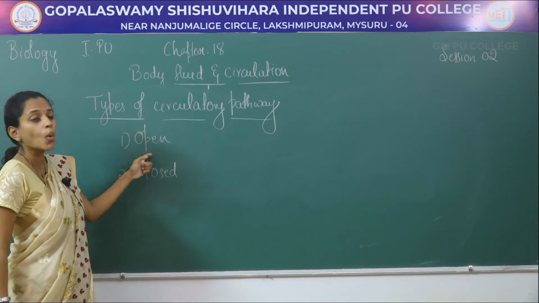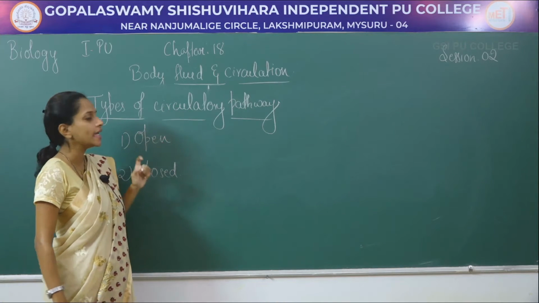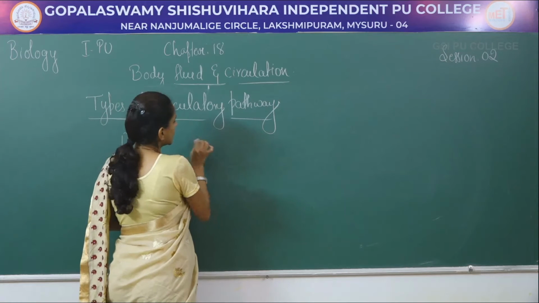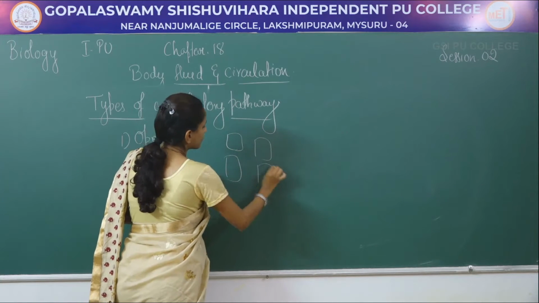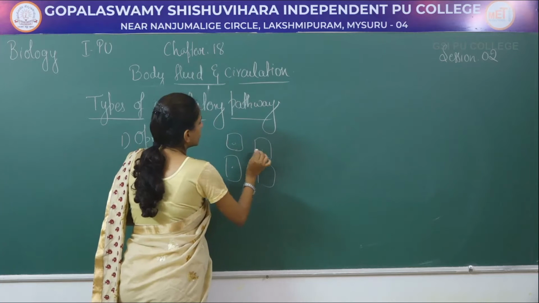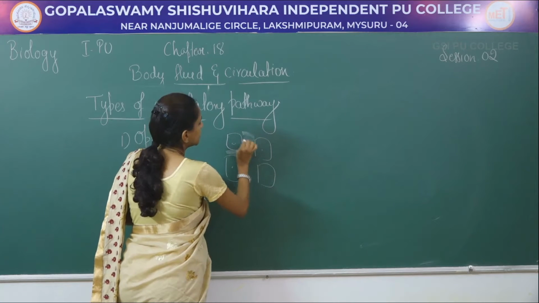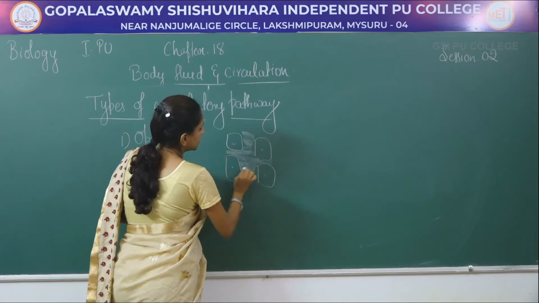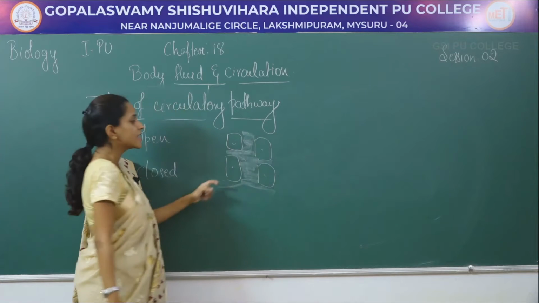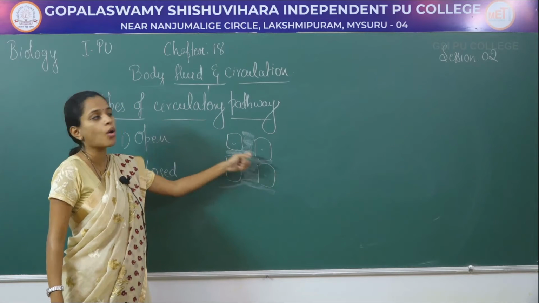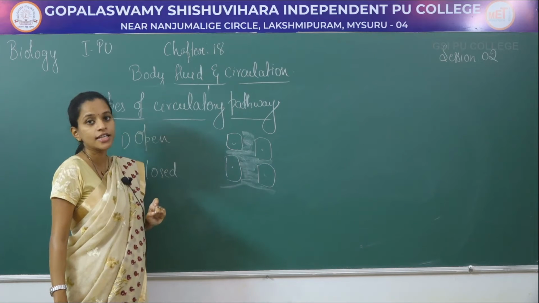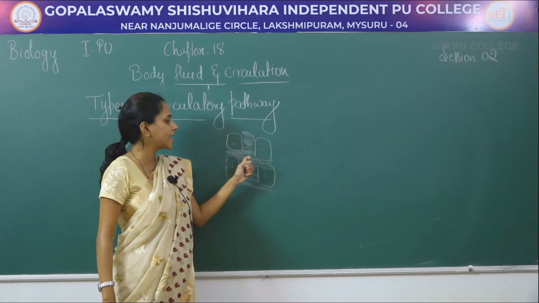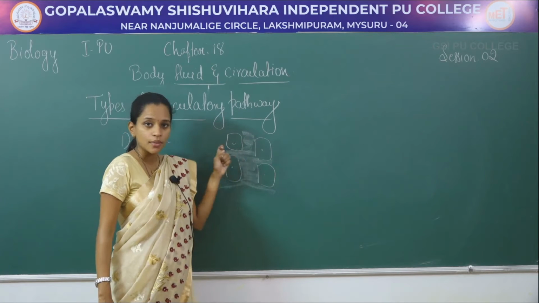When it comes to the open type of circulatory pathway, the cells are directly in contact with the body fluids. In case of open circulatory system, the cells are directly having contact with the body fluids.